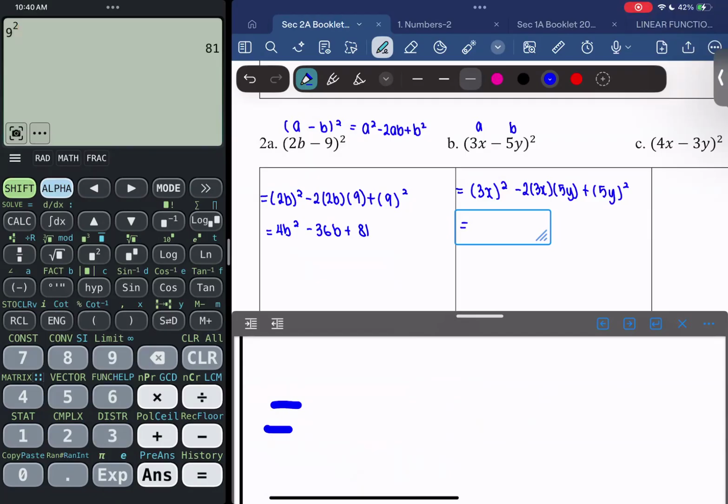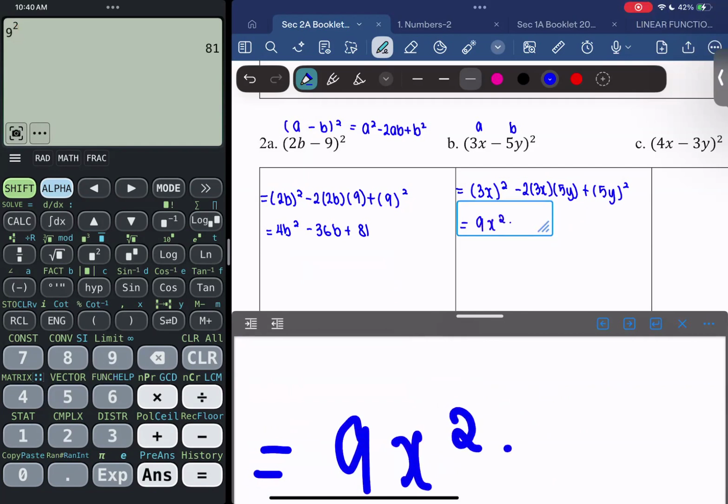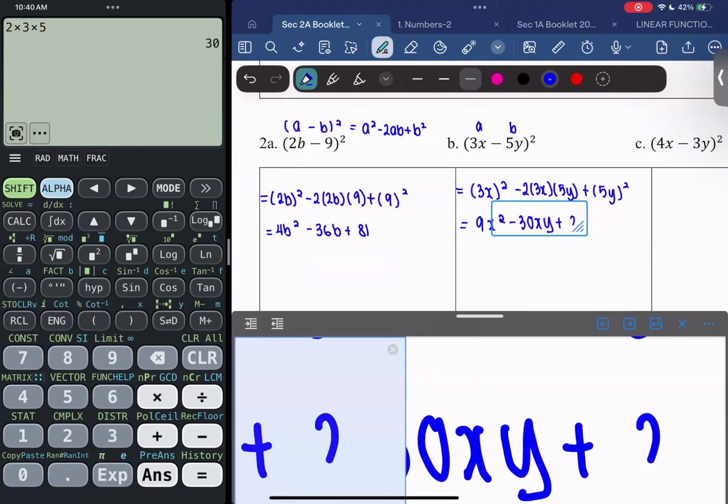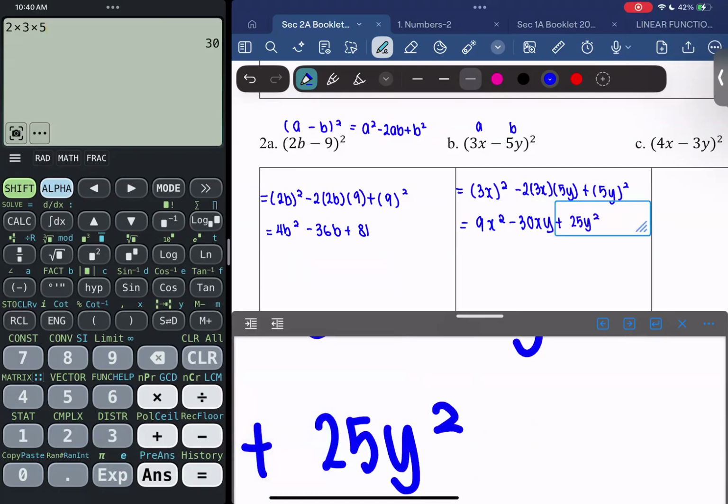Open up the bracket. 9x squared minus 2 times 3 times 5, very simply on my calculator, 30xy plus 25y squared.